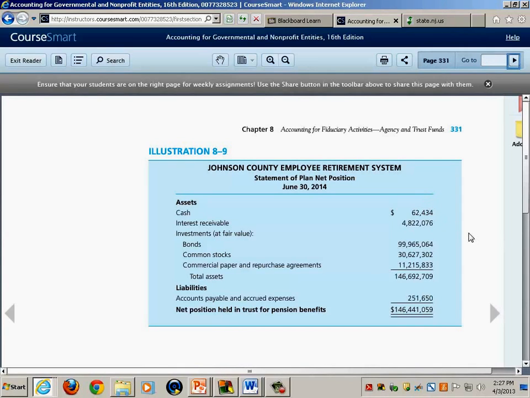This is the statement of plan net position for the employee retirement system. By the way, the word public employee retirement system usually denotes that.